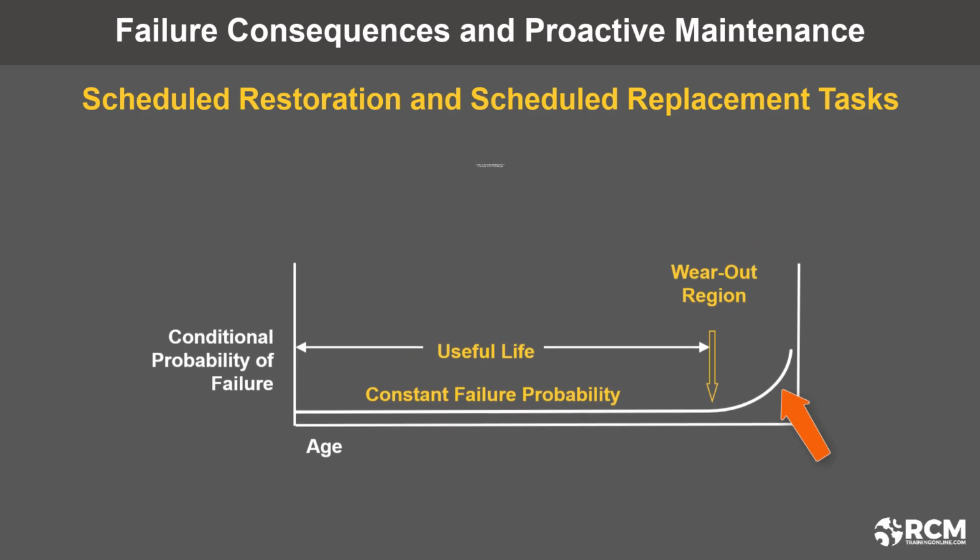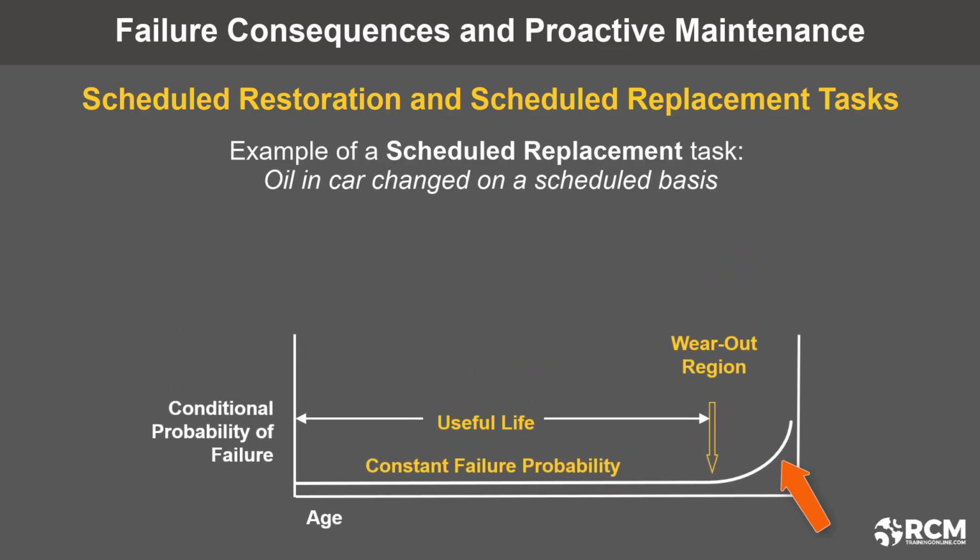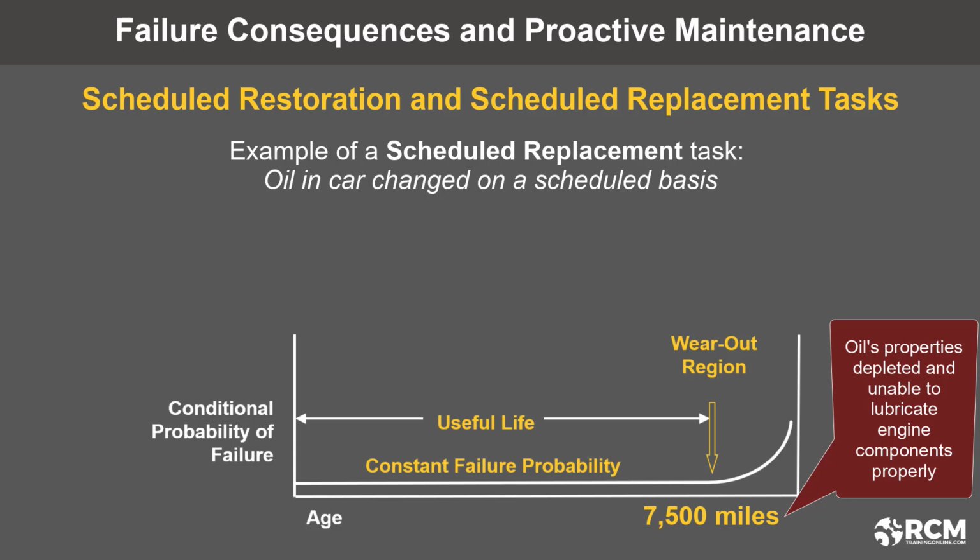An example of a scheduled replacement task is having the oil in your car changed on a scheduled basis. After a certain amount of miles, say 7,500, we know that the oil's properties become depleted and it won't be able to lubricate the engine components properly.